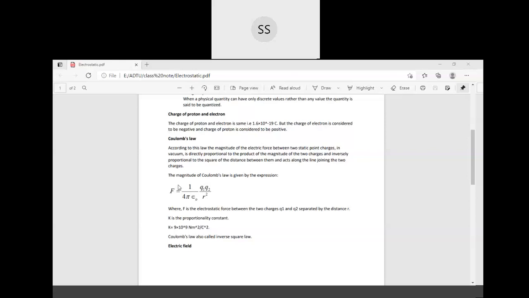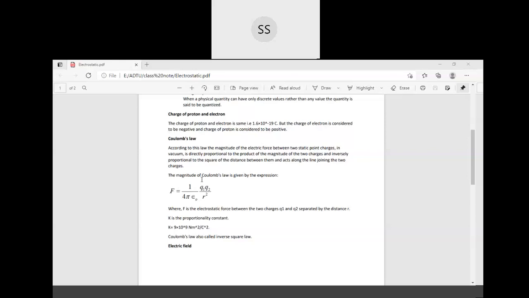The nature of the force, meaning whether the force is attractive or repulsive, will depend on the sign of the charges. If both the charges have the same sign, then the force will be repulsive.